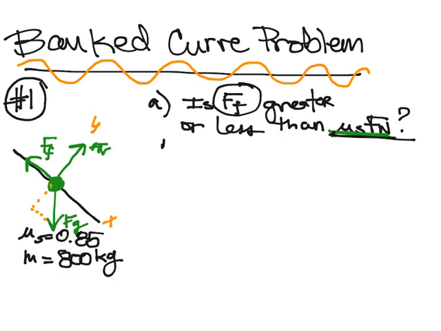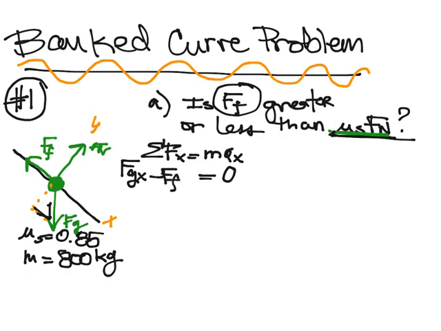Again, we need to solve for Ff and then check, is it greater or less than mu s times Fn? Writing out our x equation, sigma Fx equals m ax, we assume ax is equal to 0. Then we have right minus left, so it's Fgx to the right minus Ff equals 0. Fgx is mg sine theta, so sine 31 in this case, and Ff will be just Ff.